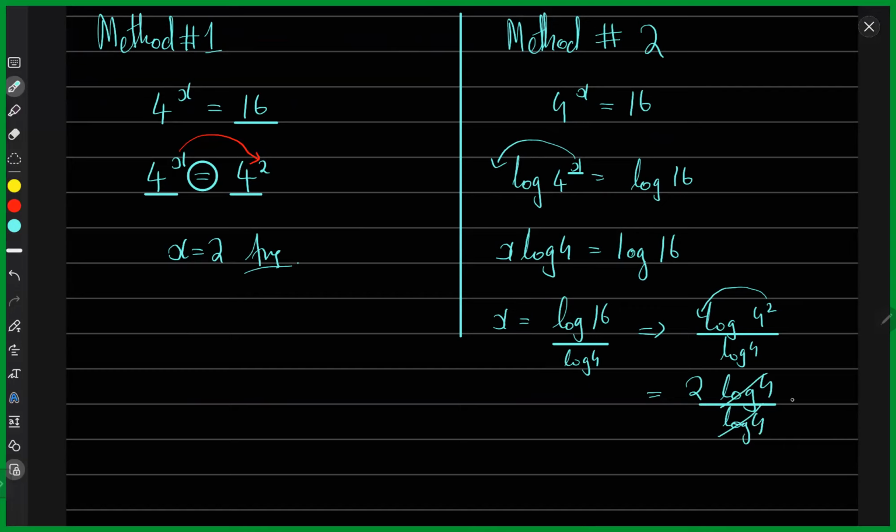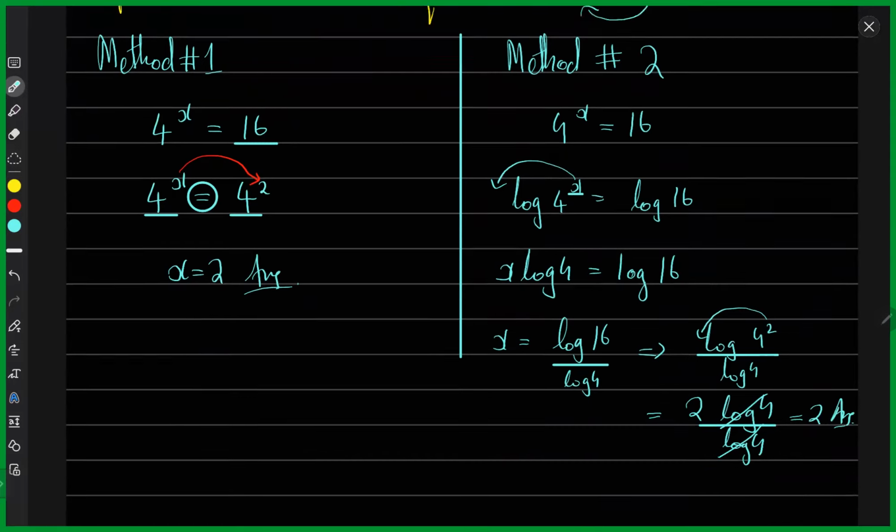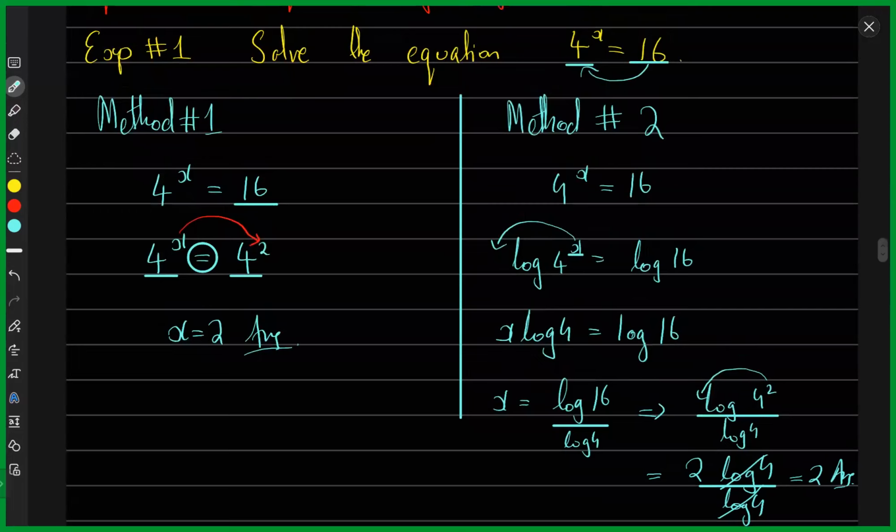Log and log is cancelled and I'm left with 2. That is the answer. Now certainly this method 1 was simpler than method 2, but method 1 would not work every time. Method 2 is going to work every time.